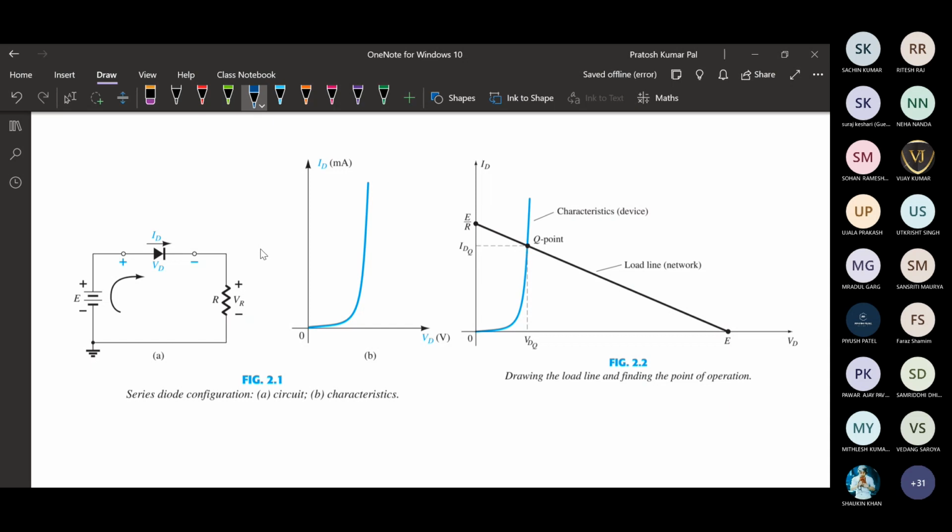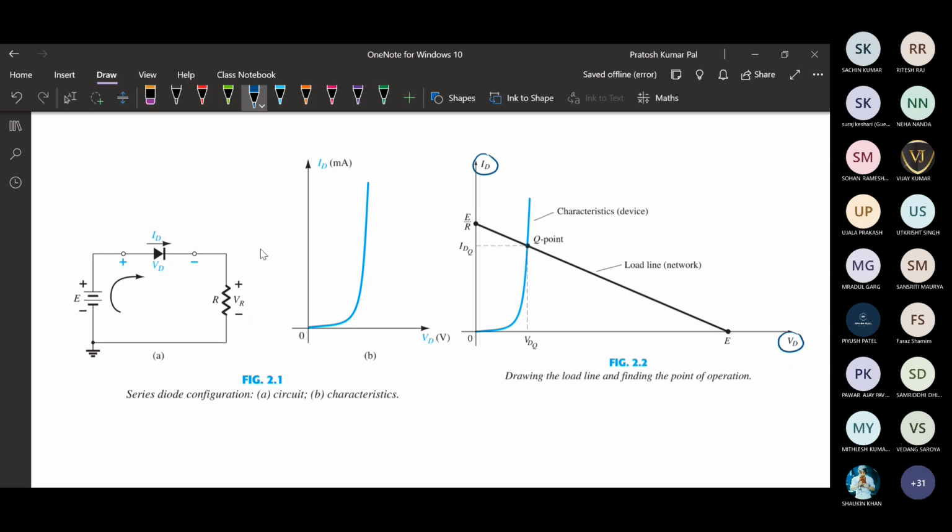So we are going to analyze this complete circuit, and there we plot ID and VD for the complete network. When we plot the ID and VD curve for the network, it comes out to be a straight line.